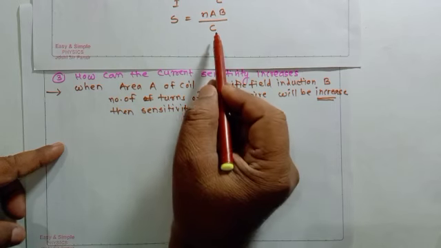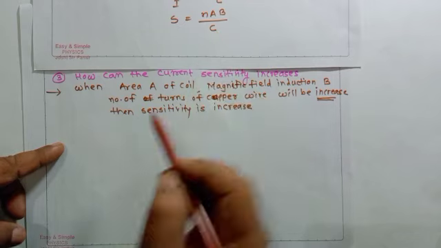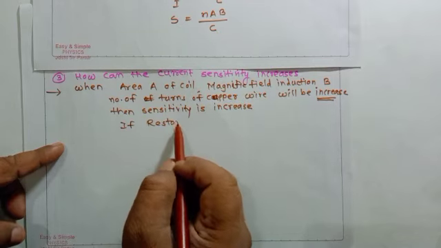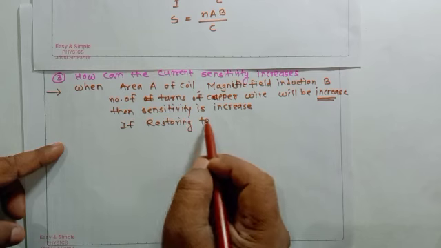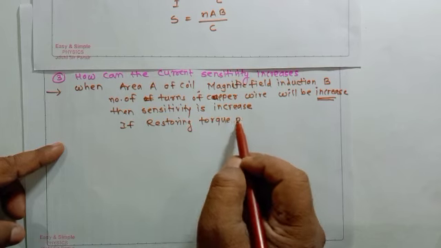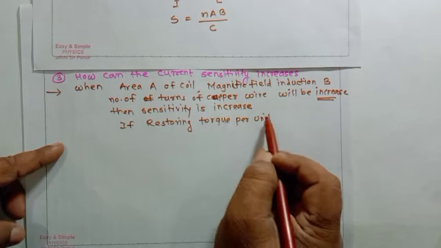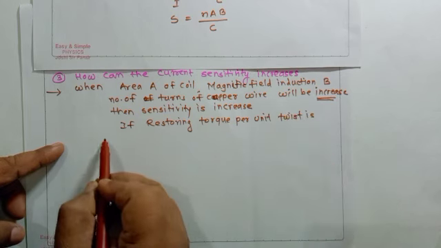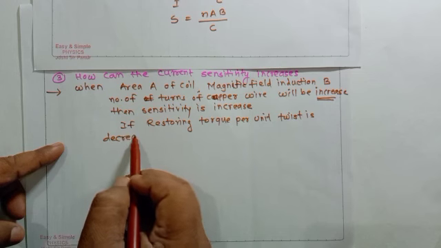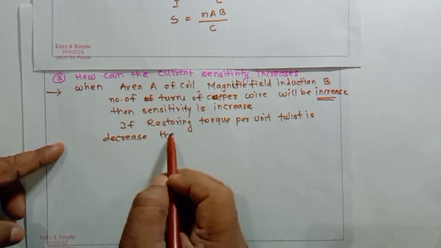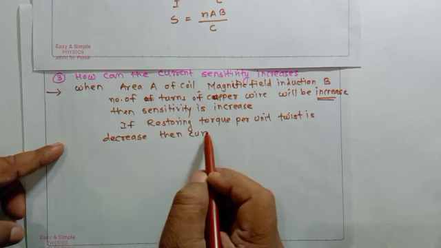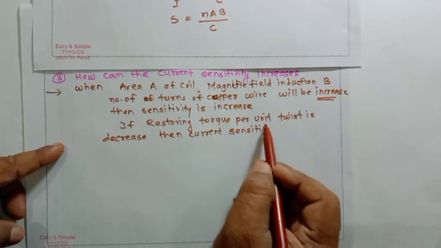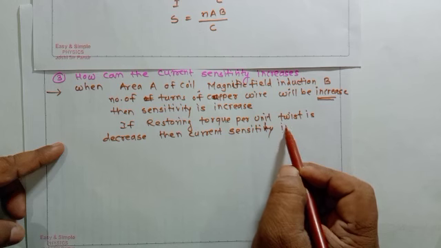Again, if the restoring torque per unit twist is decreased, then current sensitivity increases.